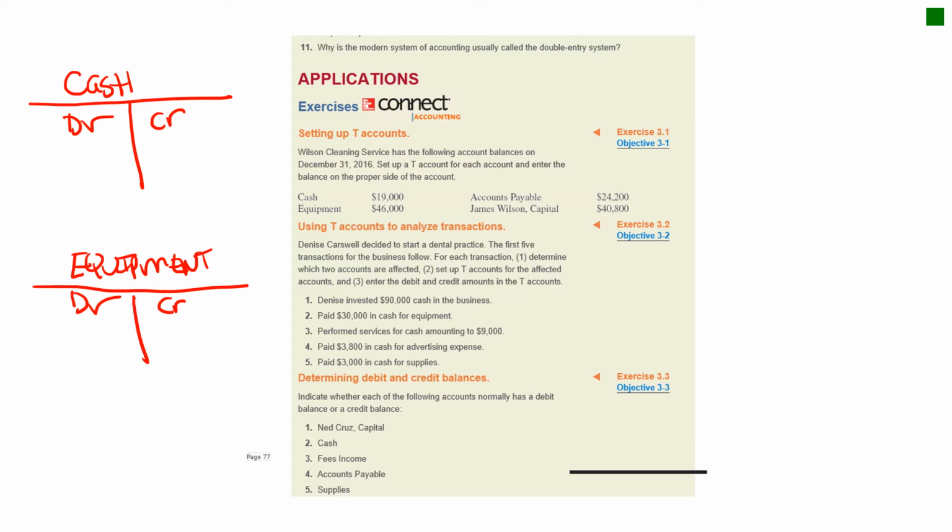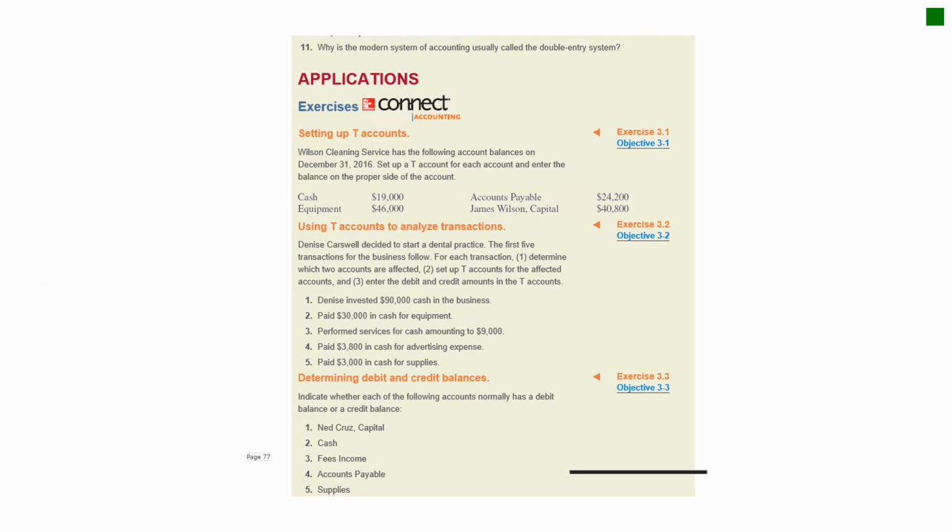So one asset's going to increase and the other asset's going to decrease. I know cash is going to be decreasing because you're paying it out. It's going to leave the company. So to decrease an asset, you're going to credit it. So that's $30,000. And of course, we're going to have to debit something else, but we're buying equipment, we're increasing equipment, so therefore we're going to be debiting equipment for $30,000.